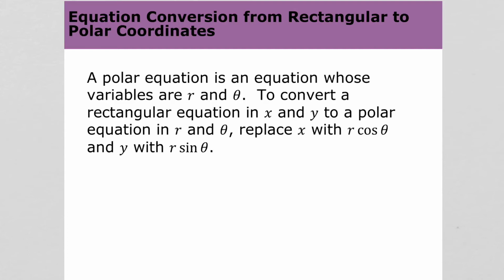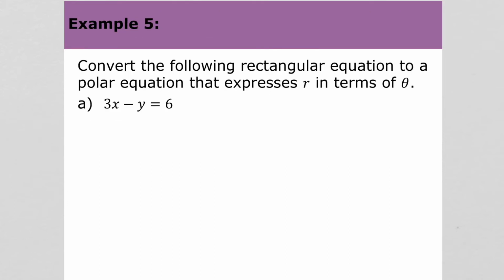Okay, we need to be able to go back and forth between rectangular and polar equations also. Using the same formulas that we've already talked about, if we want to change the rectangular equation 3x minus y equals 6 into polar, we know that x is r cosine theta and y is r sine theta.